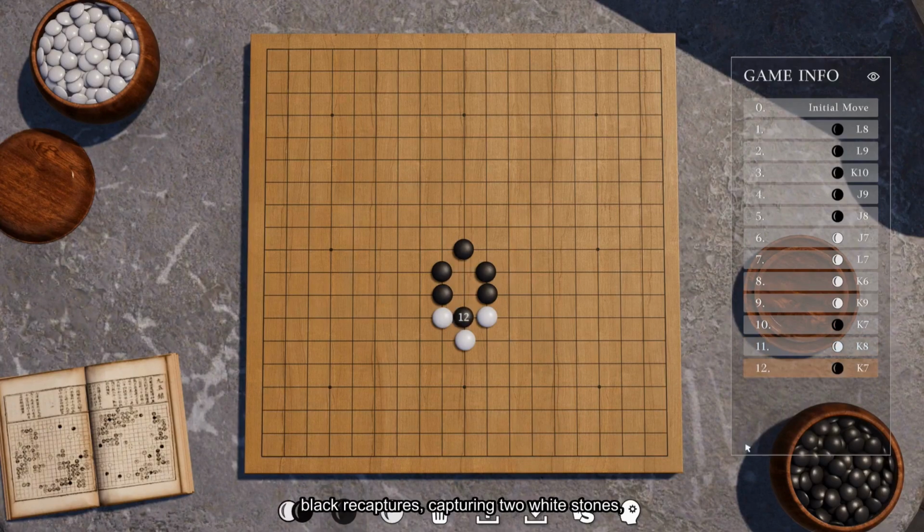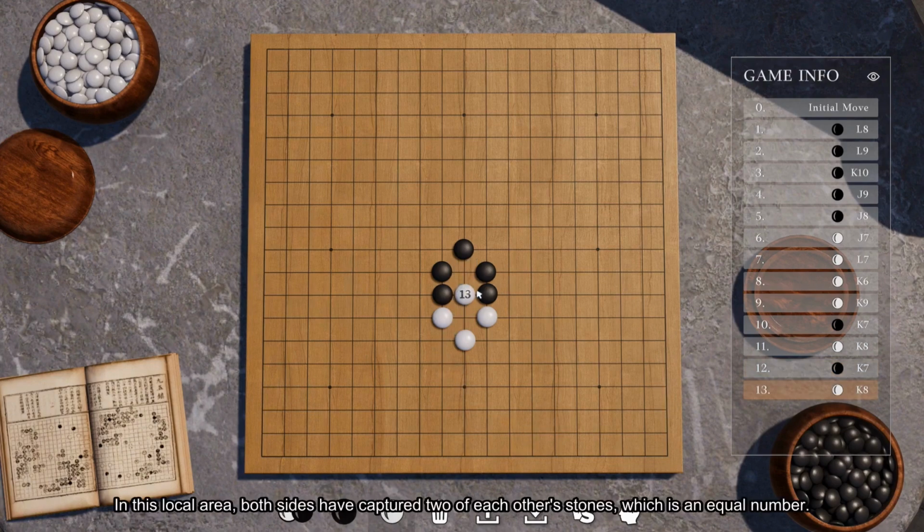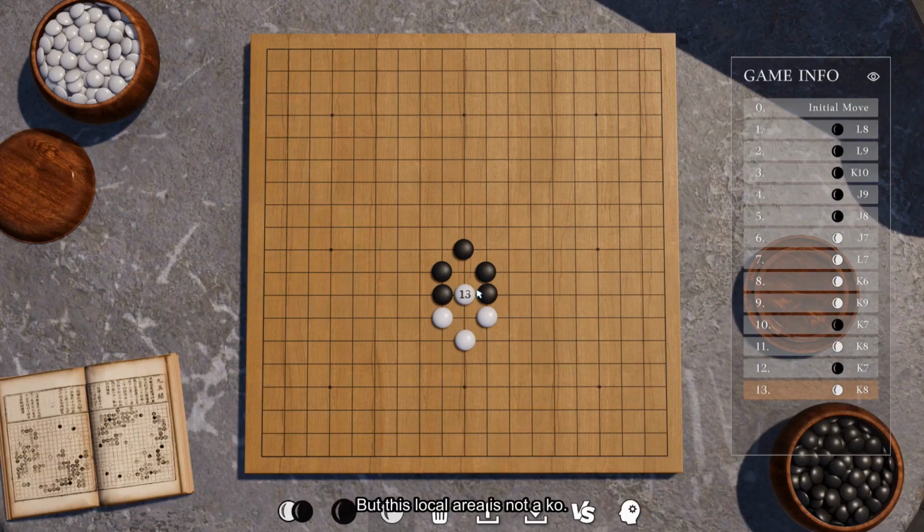Black recaptures, capturing 2 white stones. Then white continues to recapture at this time. In this local area, both sides have captured 2 of each other's stones, which is an equal number. But this local area is not a KO.